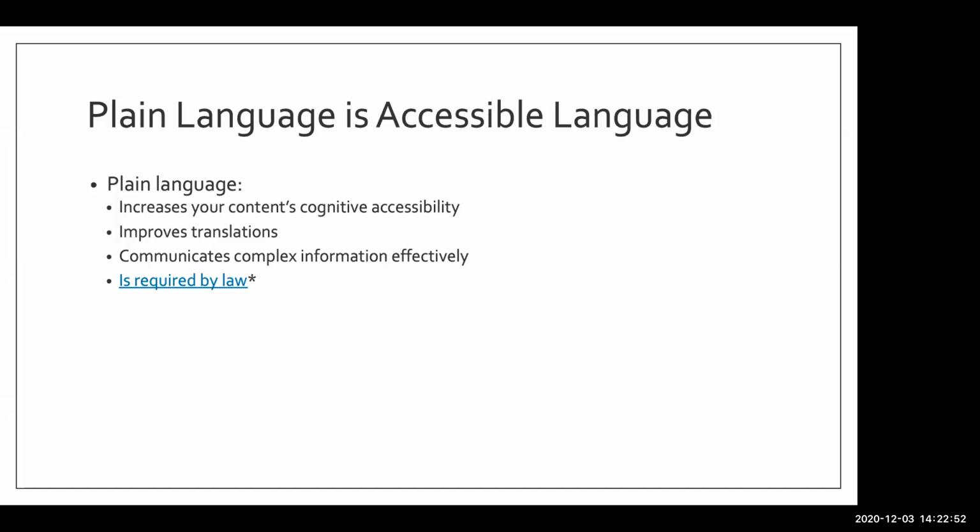Plain language also helps communicate complex information effectively. And when you communicate complex information effectively, then the people who are taking in that information are able to do those complex tasks more quickly and more accurately.